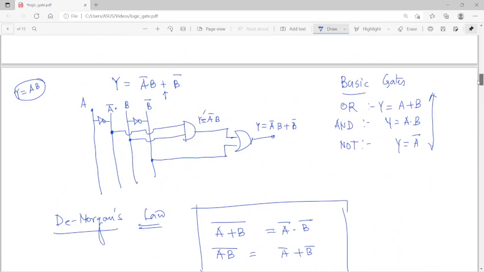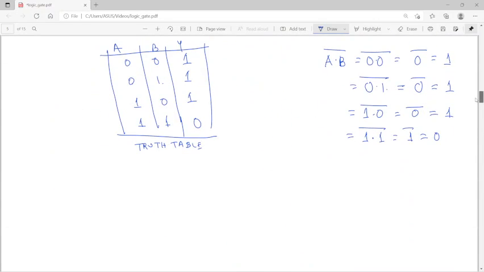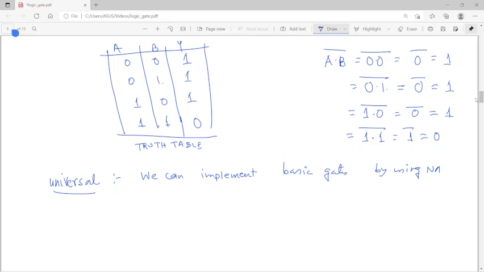In the previous case, you have to use a NOT gate, an AND gate, and an OR gate. But in this particular case, by using only the NAND gate, you can describe any Boolean expression, right? Because it is universal in the sense. Why is this called universal? Because we can implement basic gates by using NAND.